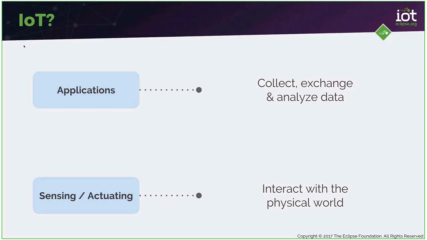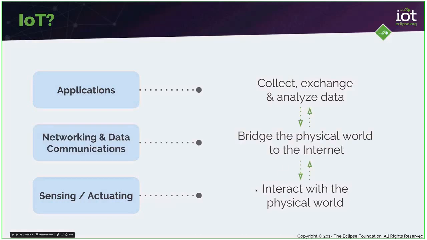And between the physical world and the application is going to be a whole lot of techniques for bridging the physical world to the internet. Some of those techniques might be IT as usual and basically just good old internet.